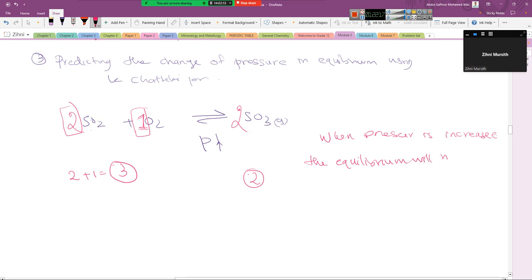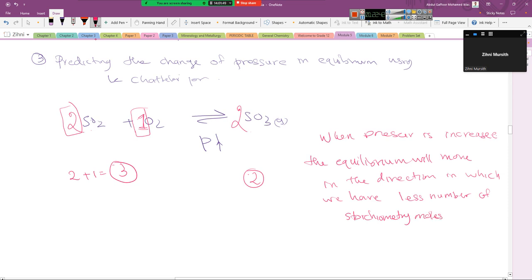So when the pressure is increased, the equilibrium will move in the direction in which we have fewer stoichiometric moles, right?